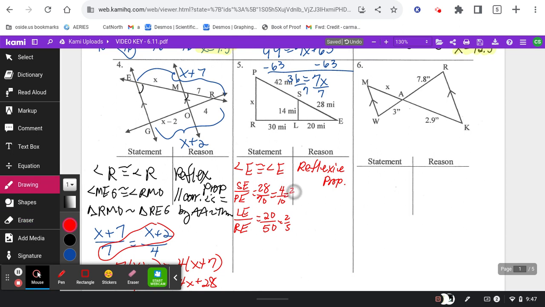This one actually reduces down further to 2/5. So, hey, look at that. Ratios of corresponding sides are equal. So my triangles are similar. Triangle SLE is similar to triangle PRE by side angle side similarity theorem.